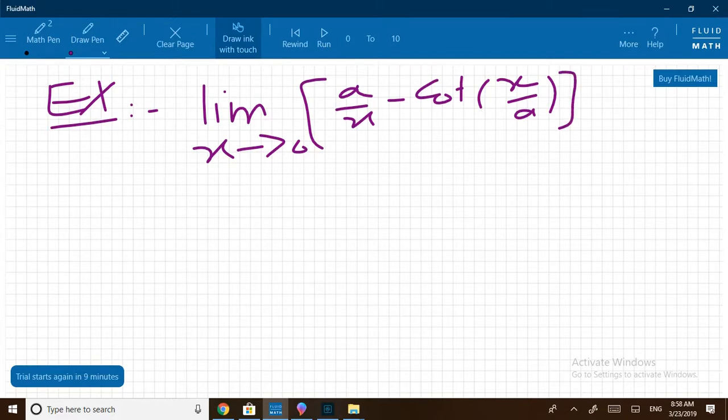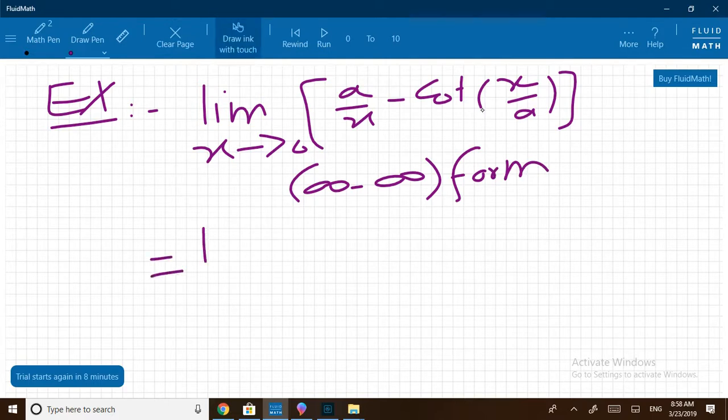And suppose if we put the direct limit, then a divided by x is infinity, so this is infinity minus infinity form. So it means we will apply the L'Hopital rule.